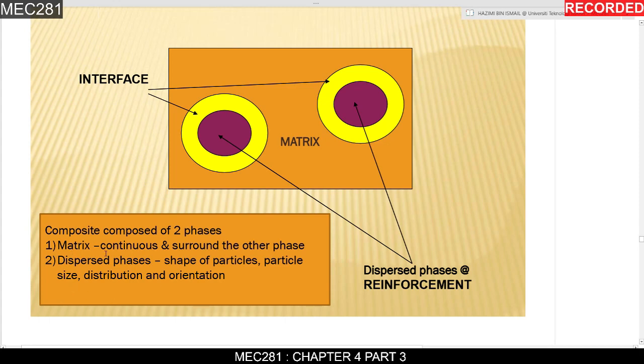One is matrix, continuous and surrounds the other phase, and two is dispersed phase, shape of particle, size, distribution and orientation. So you should know how to differentiate between which one is the matrix and which one is the dispersed phase. Okay, so this is the dispersed phase and this is the matrix.